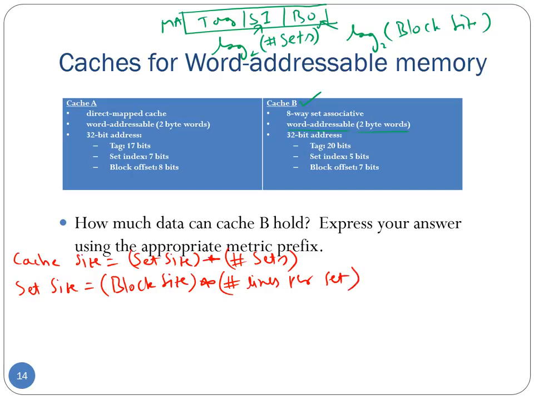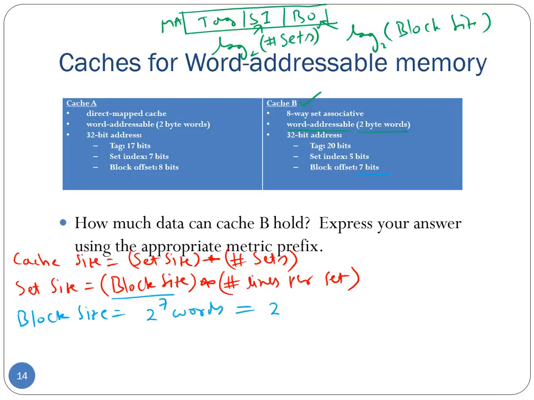So first of all we have to figure out the block size. Now recall that the block size is derived from the block offset. So the block offset in this case has 7 bits, which basically means the block size is 2 to the power 7 words, right?